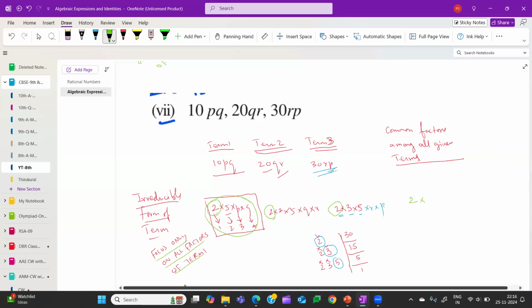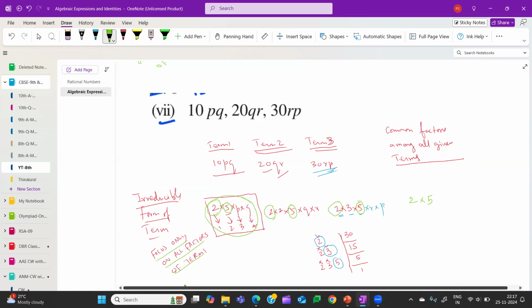Yes, factor 1, which is 2, is available as a common factor in term 2 and term 3 also. Number 5, the second factor of term 1, is it available in term 2? It is available, and in term 3 also it is available. So I'm just writing it as into 5.